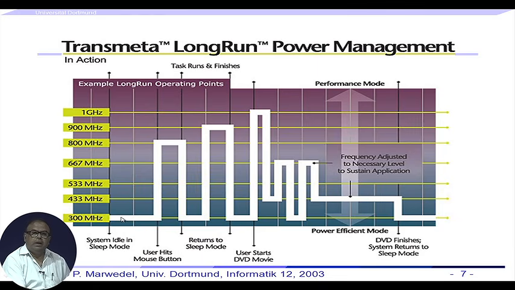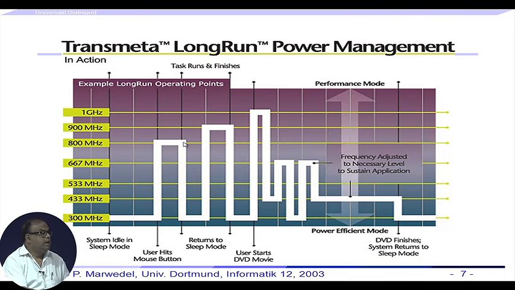Why? The system is idle, in sleep mode, and here comes a request: the user hits a mouse button. So, some process has been activated. Immediately you can see I have changed the frequency to 800 megahertz. So, I am adapting the frequency.